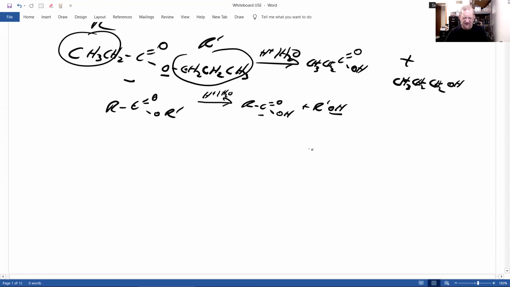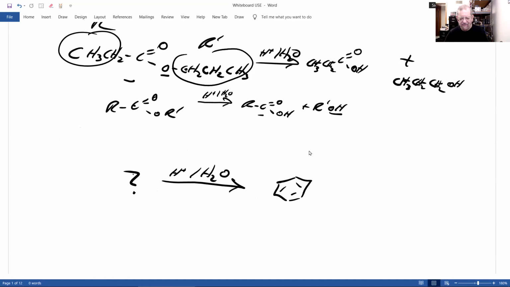Oh, let's have some more fun. On test number 3, there'll be 3 or 4 synthesis problems. And the question is, what do you react with acid and water to make those two compounds?